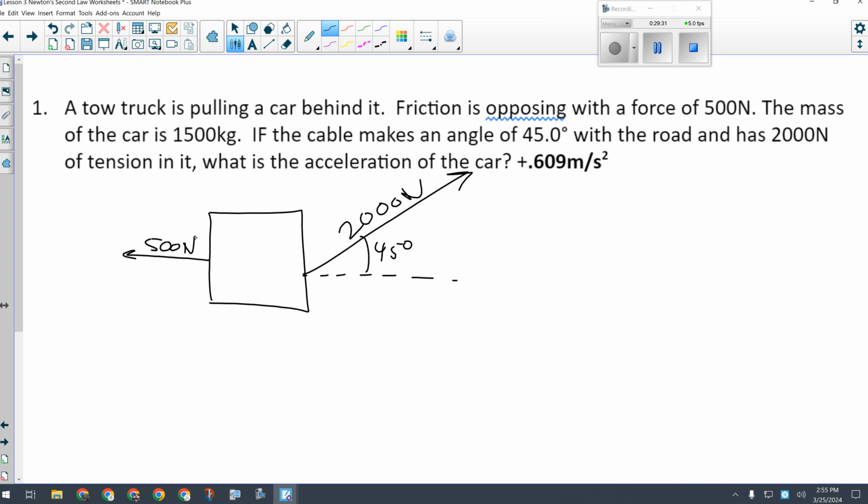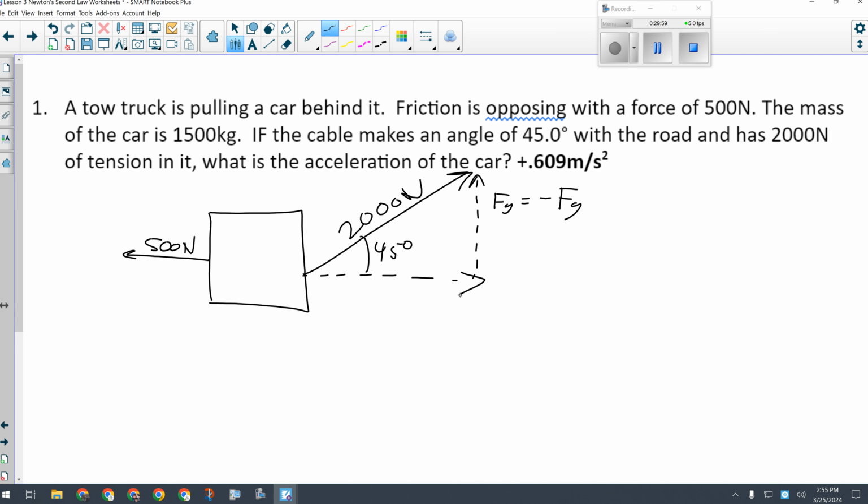So what that means is that this vertical component of the 2,000 newtons is equal to the force of gravity, but it's negative. Which means it doesn't matter. This car's not moving vertically. Those two things are going to cancel each other out. But this 2,000 newtons worth of force also has a horizontal component that is acting directly against friction.